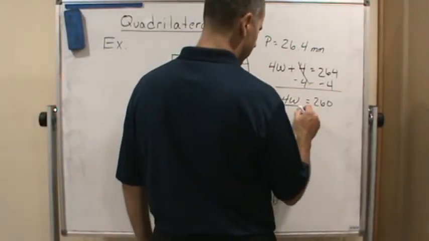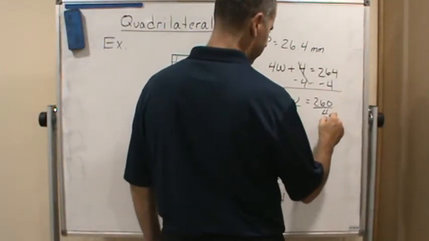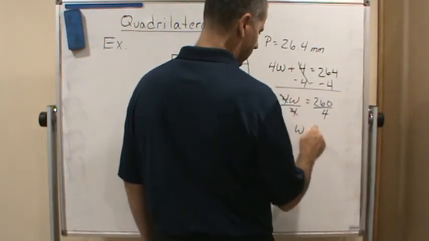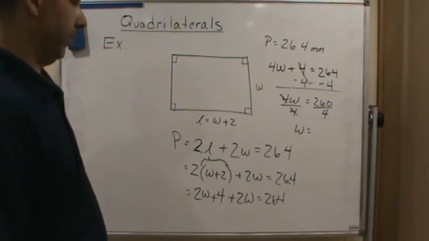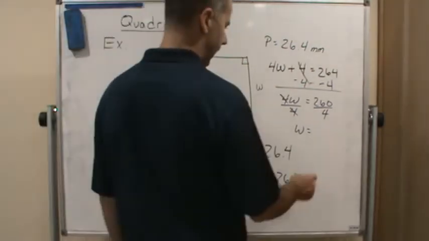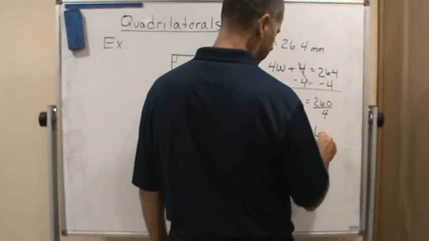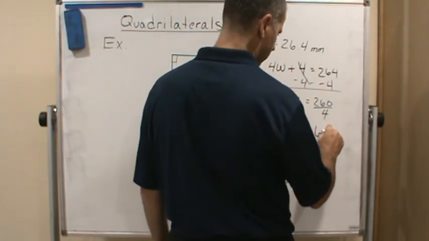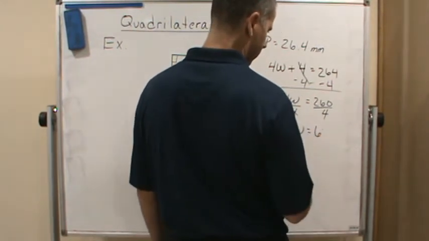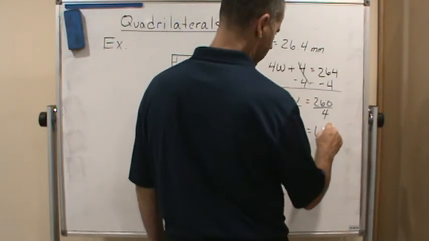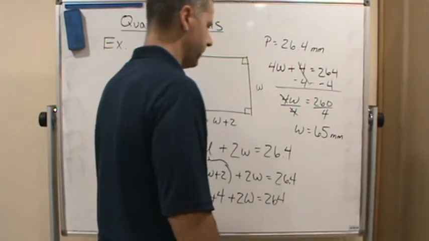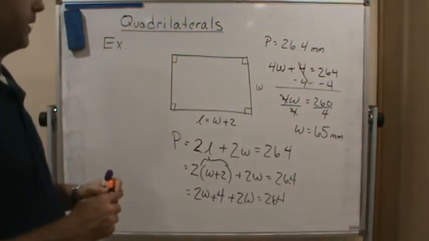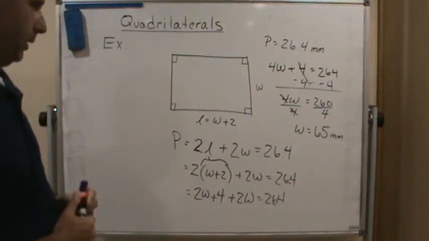And then I'm going to divide by 4. And so W will end up equaling 65 millimeters.